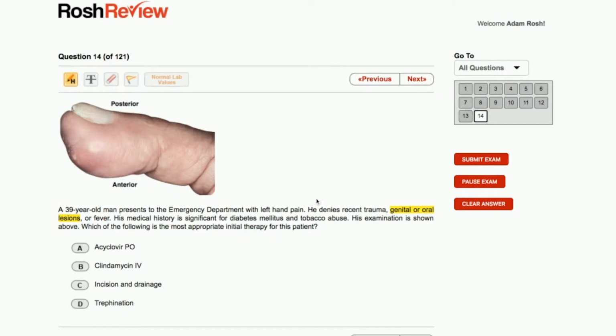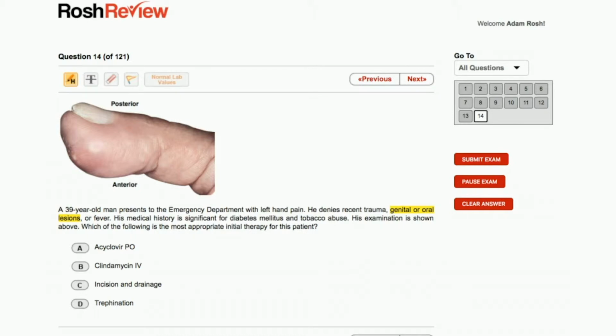But in this case, they're telling us there are no oral or genital lesions. Okay, fine. This patient also has a history of diabetes, so comorbidity, and tobacco use, so prone to infection, so probably slightly immunocompromised here.